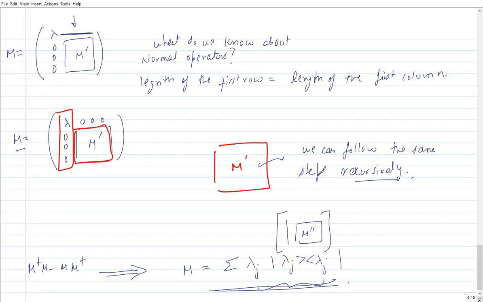So as we said earlier, Hermitian operators, for example, are a special kind of normal operators where H, the Hermitian operator, is equal to its conjugate transpose.